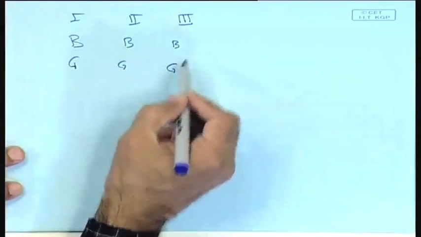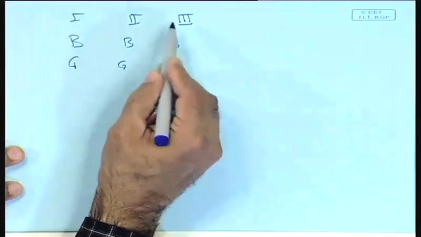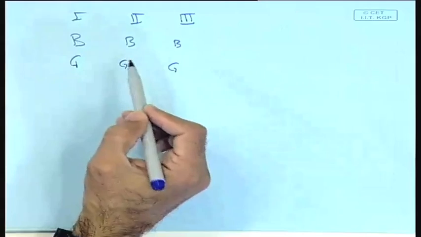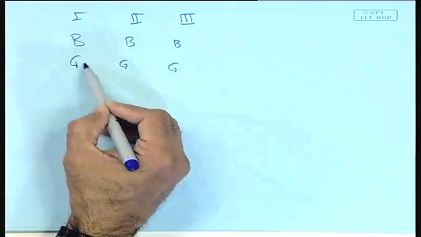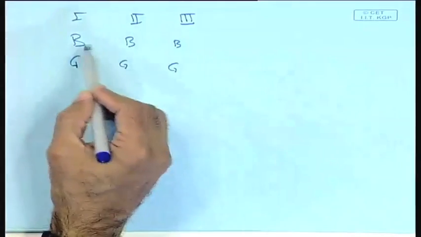No sequence is implied here, just that these 2 possibilities are there for the first child, these 2 for the second, these 2 for the third. So how many do we have here? I've got 2 multiplied by 2 multiplied by 2. I have a total of 8 different possibilities for having 3 children, which could be boy, boy, boy, or boy, boy, girl, or girl, boy, boy, and so on and so forth.